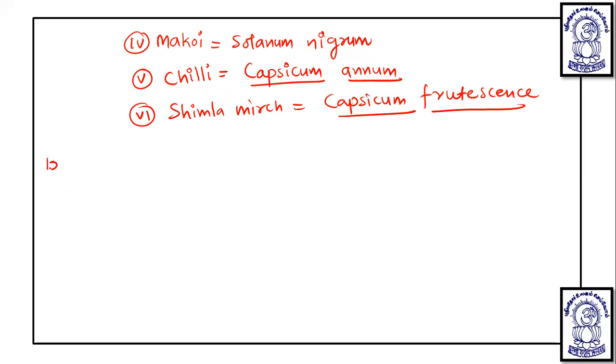But after the use as food, some plants are also used for medicinal purposes. So if we talk about medicinal plants, then the first example is Atropa belladonna.